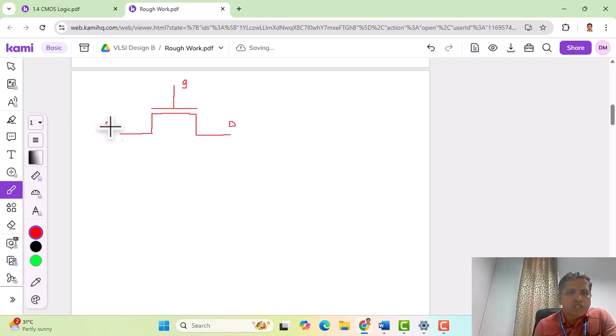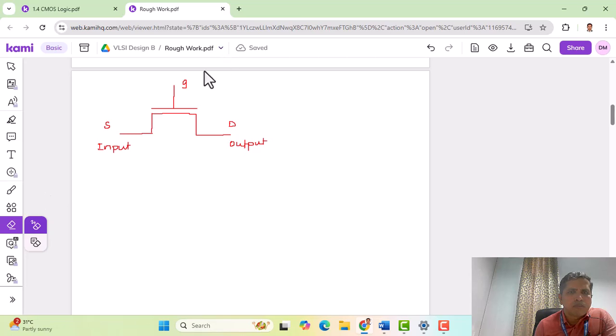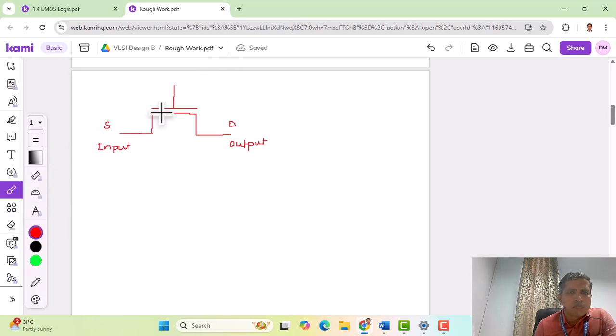The source side we interpret as input, and on the drain side we measure the output. Let us tie this gate to the high voltage, which is plus 5 volts.